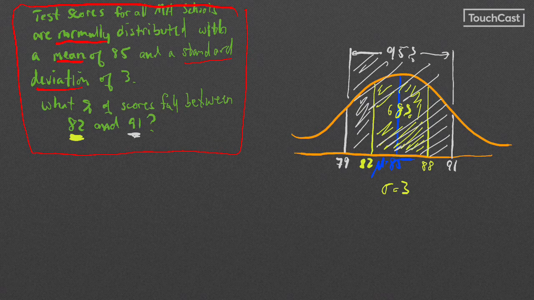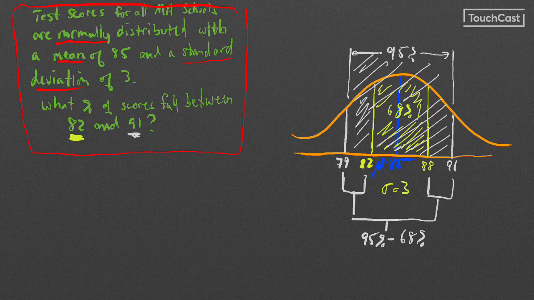So I can figure out the percent that falls in these 2 sections, 79 to 82 and 88 to 91, simply by subtracting: 95% minus the 68%, because that's the center stuff. We eliminate that, and we should get 27%.